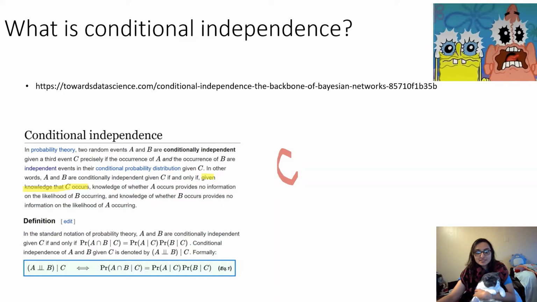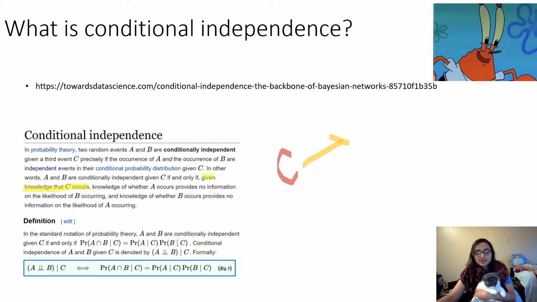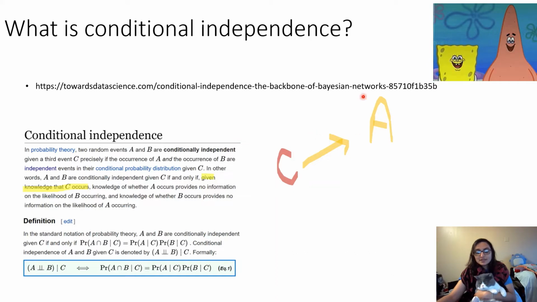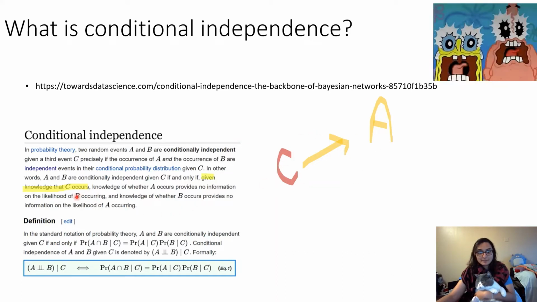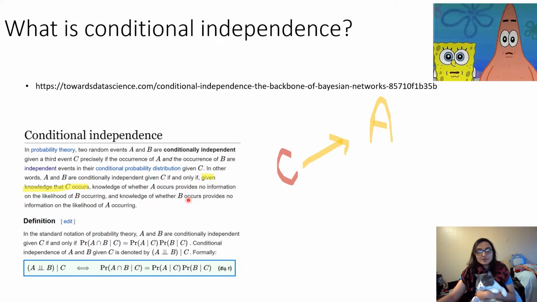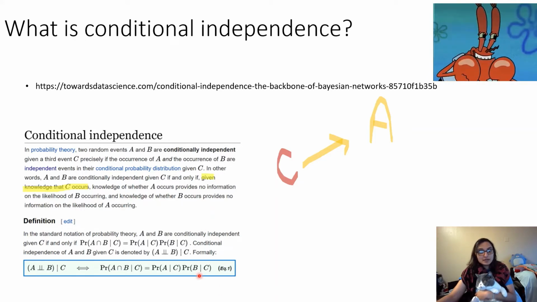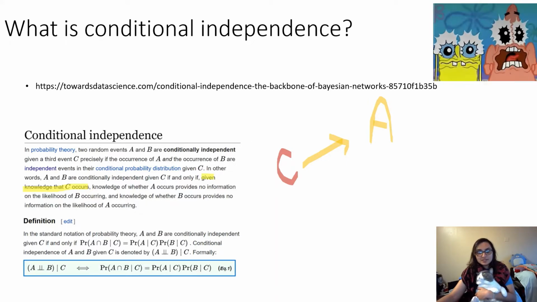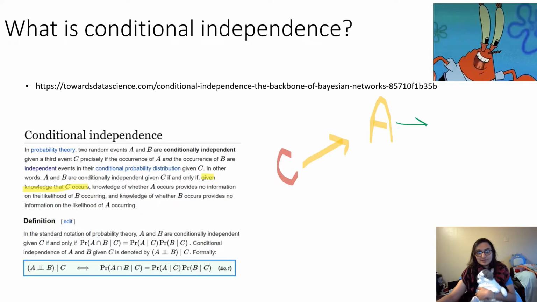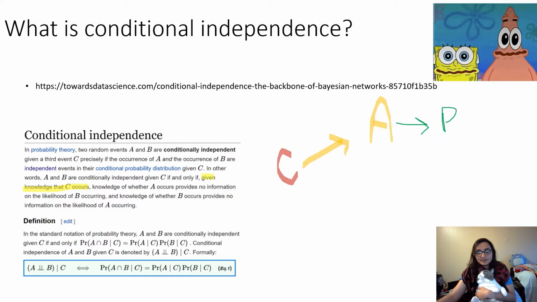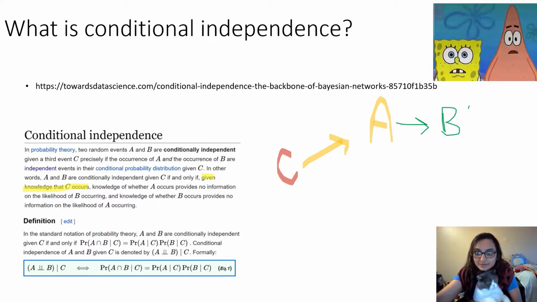So let's say we know that C occurs. If we know that A occurs, it does not give us any more knowledge about the probability of B occurring. And knowledge of whether B occurs provides no information on the likelihood of A occurring. So if A occurs, we still don't know much about the probability of B. It's still unknown.